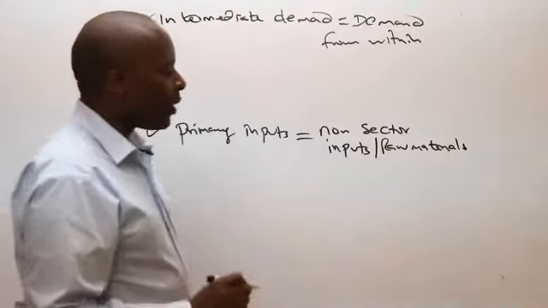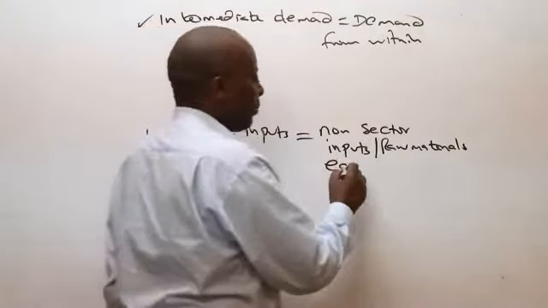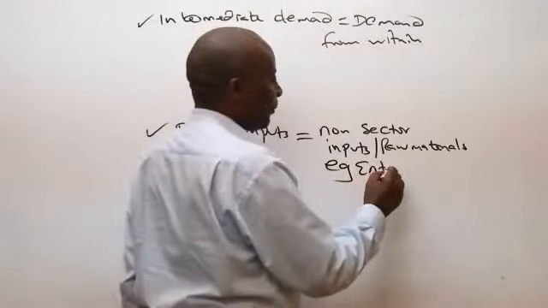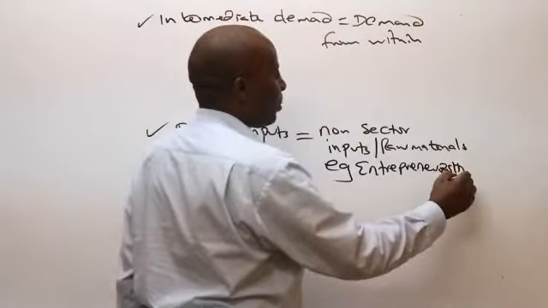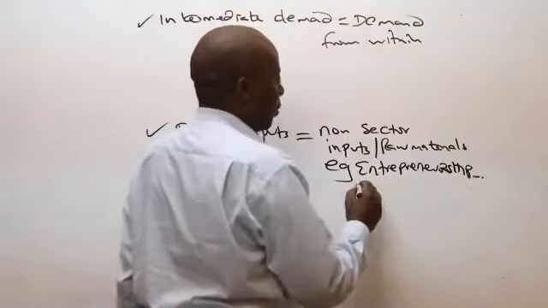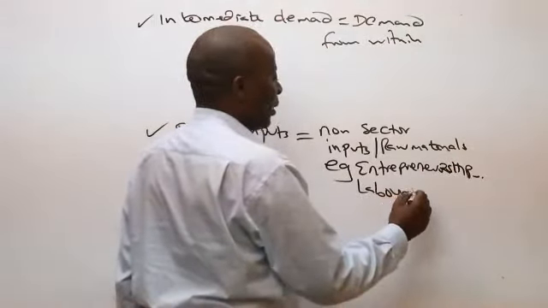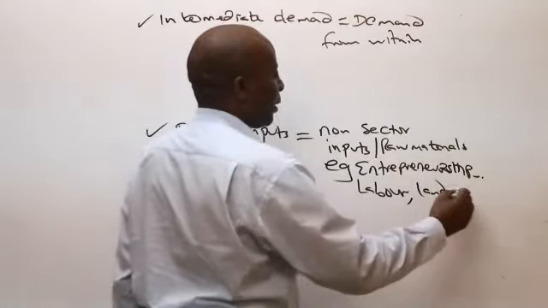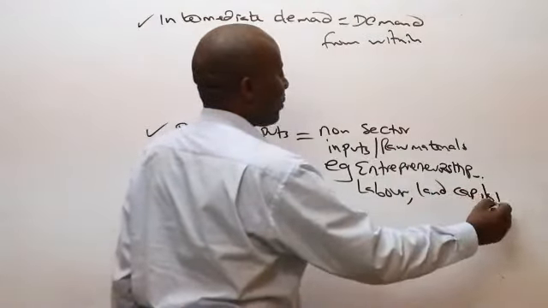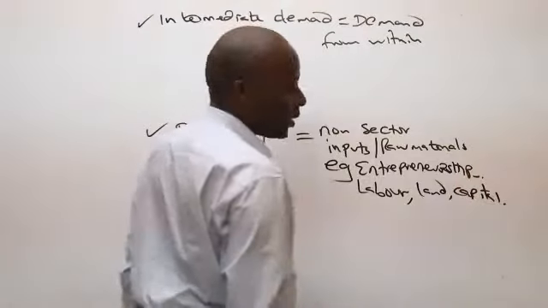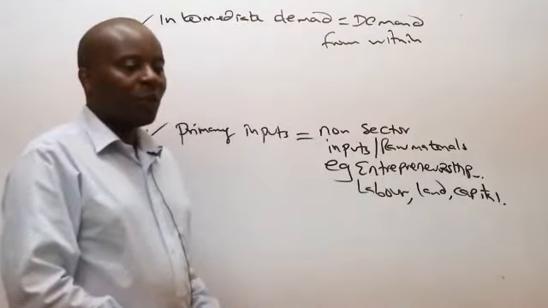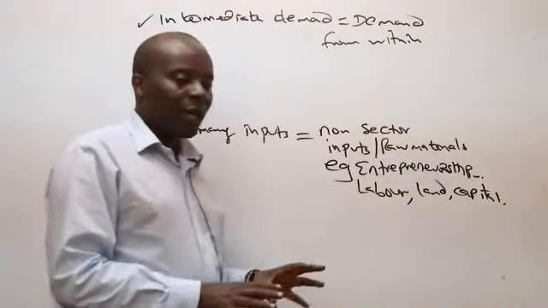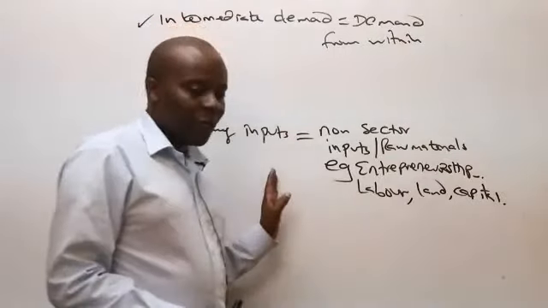A very good example will be entrepreneurship. We have labor. We have land. We have capital. There is no sector that produces these things, so we lump them together under what we call the primary inputs.